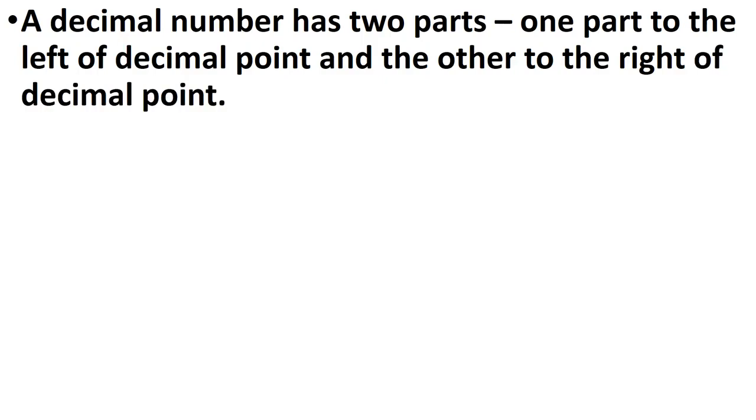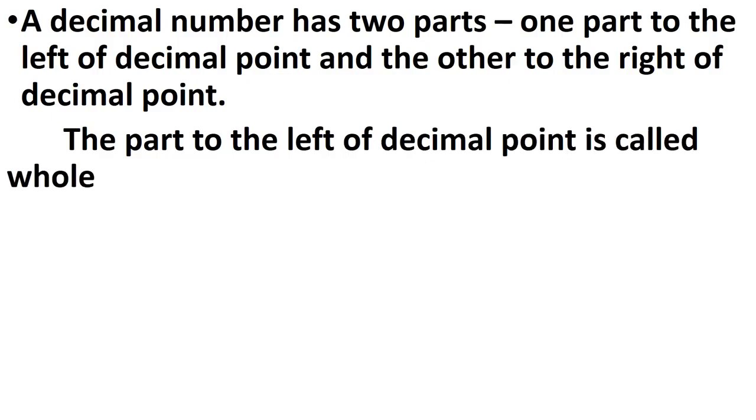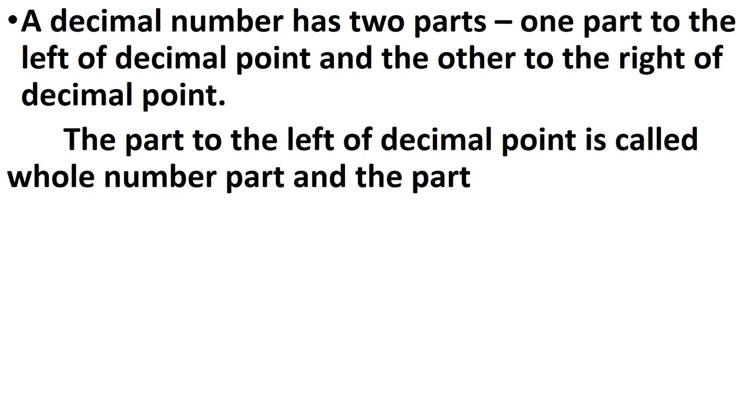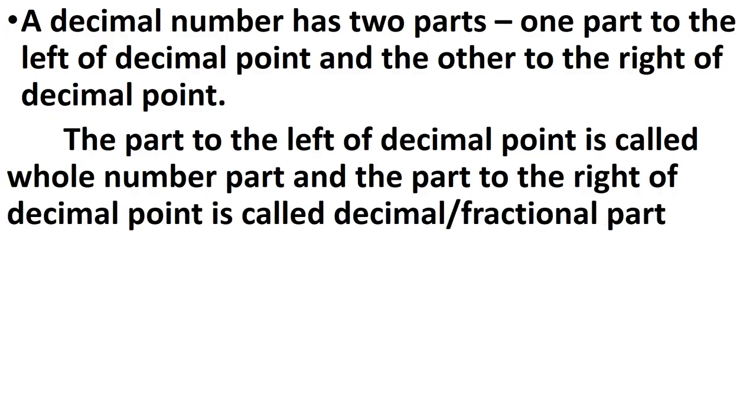The part to the left of the decimal point is called the whole number part, and the part to the right of the decimal point is called the decimal part, or we can say the fractional part also.